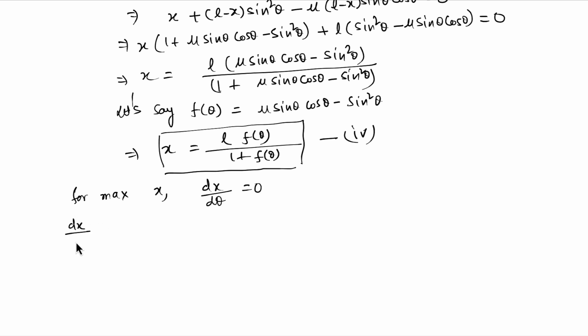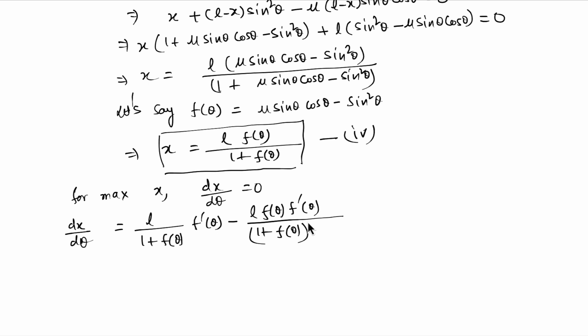It is simply L [(1 plus f theta) f prime theta minus f theta f prime theta] by (1 plus f theta) whole square, which is L f prime theta by (1 plus f theta) whole square.